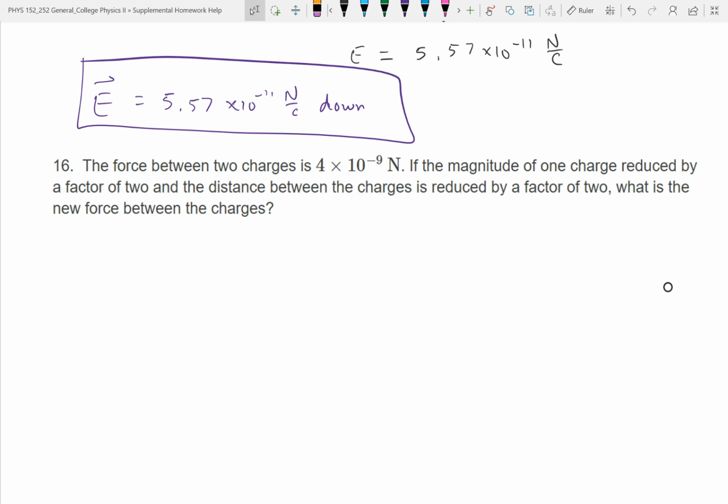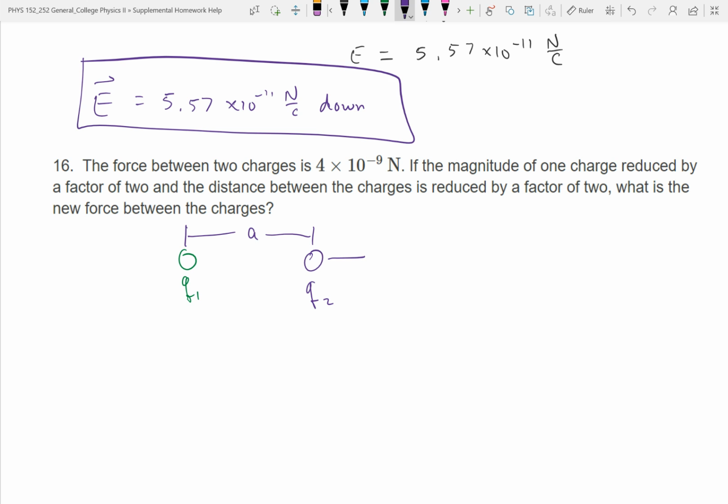So we've done something like this multiple times. It's just a new nuance in that we're changing both the charge and the separation. So I'll start by just drawing a picture. Here's Q1. Here's Q2. And they're separated by A. And that gives us a force.